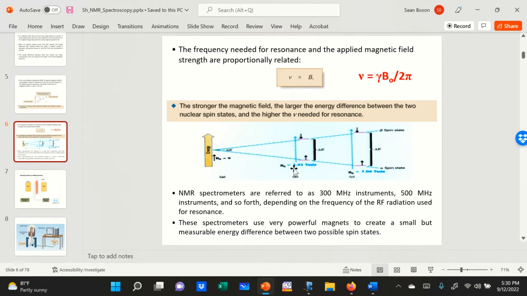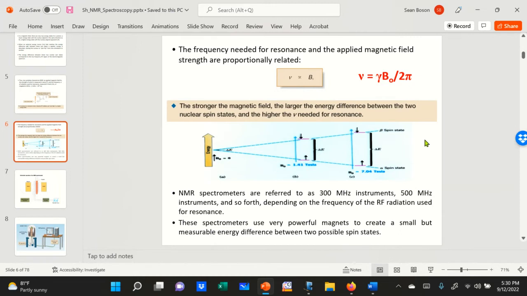For example, this one, 1.41 Tesla, corresponds to 300 megahertz radiation for the radio frequency, and the second one on the extreme right corresponds to 500 megahertz radiation. You may also see something funny. It says 300 megahertz instrument.